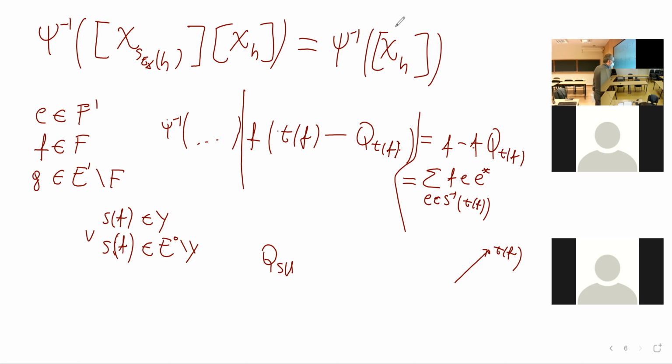I have QSF times F times TF minus QTF. Now, why should it be 0? I definitely want it to vanish.